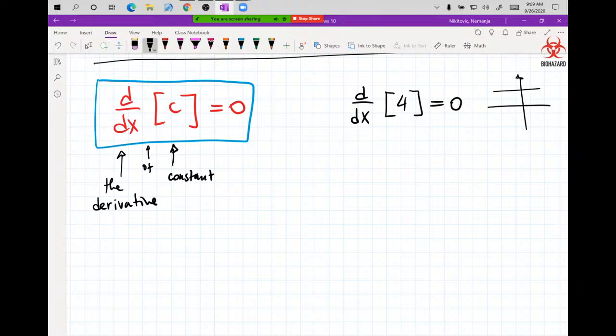Because you have a straight line at 4, and that line doesn't change anywhere. There is no slope. The slope is 0, right? Do we all agree that slope is 0 for the horizontal line? And we know that the slope of the line is the derivative. So slope being 0 means the derivative is 0. So that's the first rule. The derivative of a constant is 0.